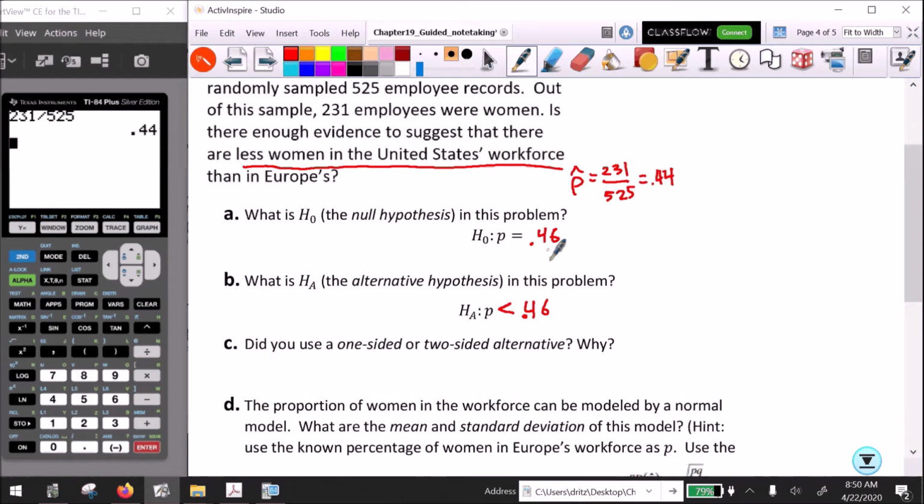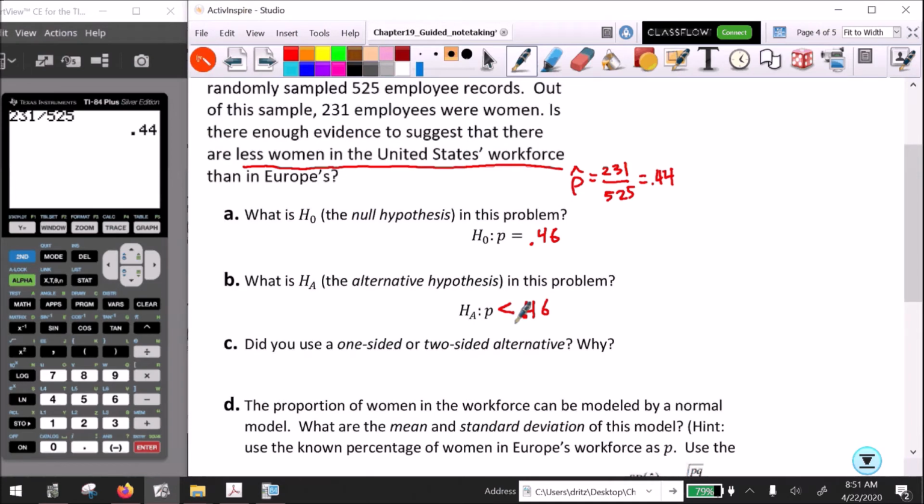So we still have the same number here and here. Here it says equal and here it says less than. Did we use a one-sided or a two-sided? We used a one-sided. A two-sided hypothesis test would have looked like this. It would have said we're just exploring that the United States is not equal and that it can vary in either direction. But since it says, is there less women in the United States workforce, and we had a sample proportion that had less women, we're just exploring the possibility that perhaps the U.S. workforce contains less than 46%.